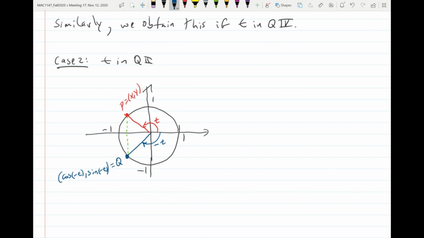Okay, so let's see. Looking at the picture, again, by symmetry, this angle is the same as this one. Then we have the same reference angle. Therefore, this little triangle is the same as this triangle. These two triangles are equal. This is 90 degrees. So two triangles are equal.